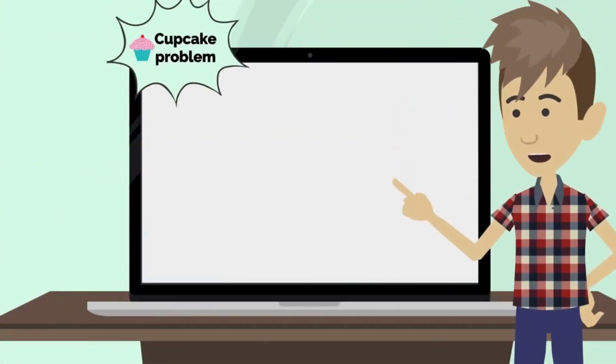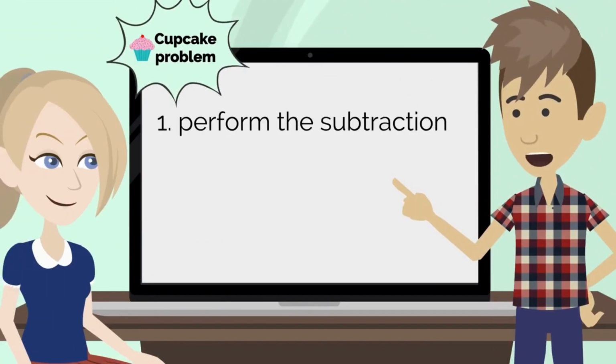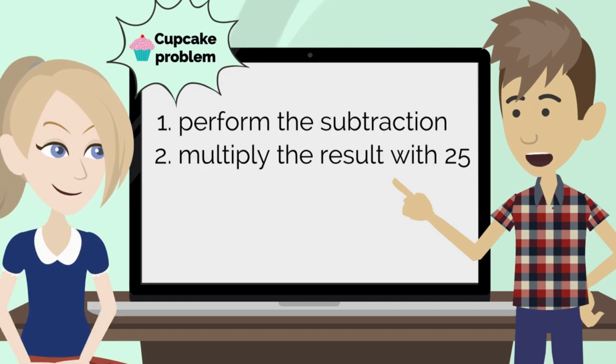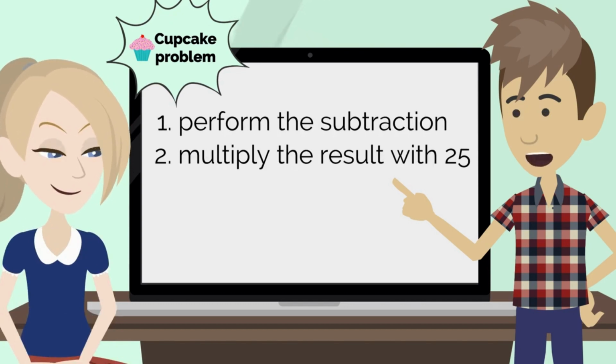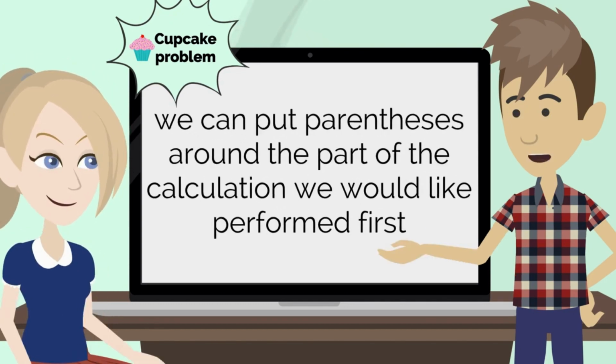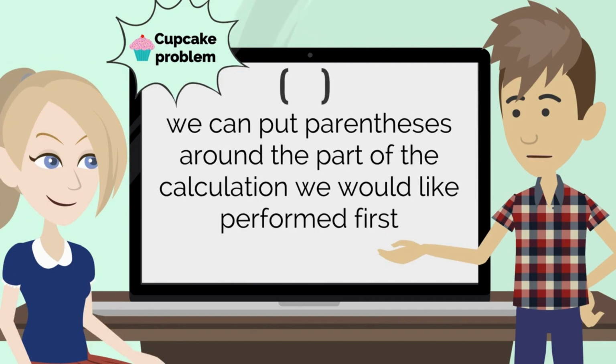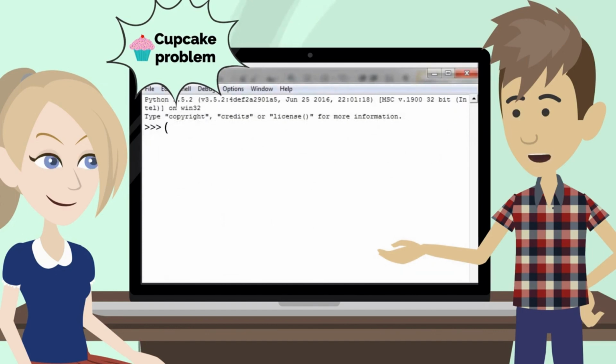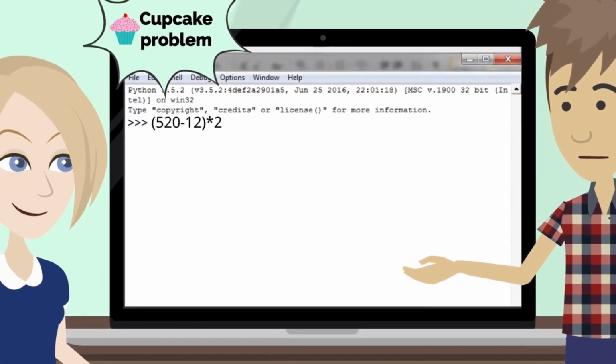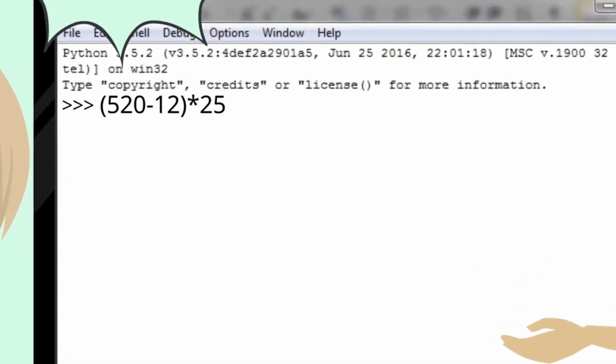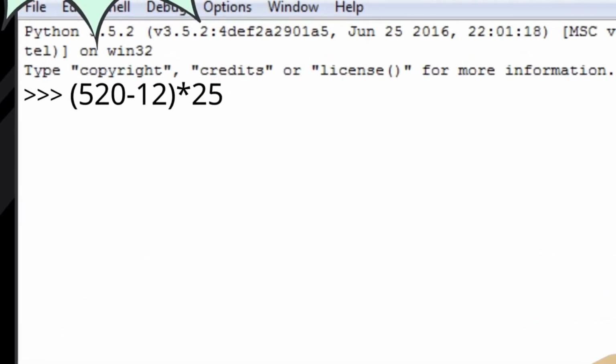In the cupcake problem, we would like Python to first perform the subtraction and then multiply the result with 25, right? For this, we can put parentheses around the part of the calculation we would like performed first. So we type parentheses 520 minus 12, end parentheses, asterisk 25.